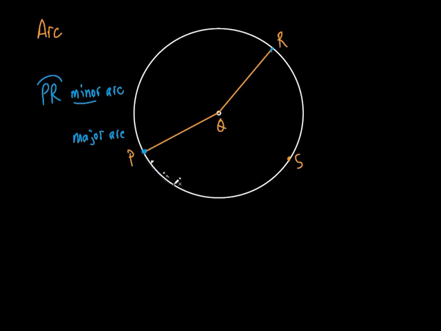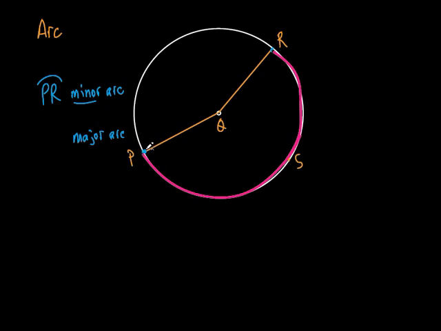I've got to be careful, but anyway, I'll just try to trace along this line. Oops. Kind of let up on it. That's close enough. So that pink arc, pink or purple or whatever color it looks like, that right there would be a major arc. And it's a major arc because it's more than 180 degrees. See, again, 180 degrees would go here, and it went from here and went more than 180 degrees, more than halfway around the circle, and that would be a major arc.